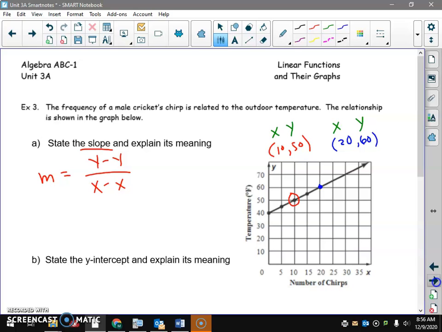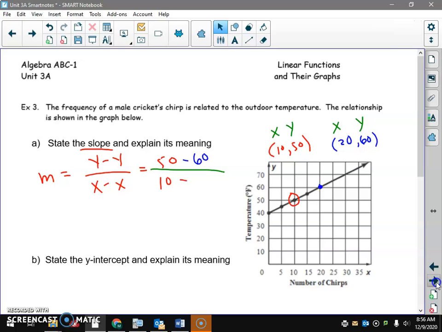So what are we going to do? We're going to subtract 50 minus 60 over 10 minus 20. And if you put that into your calculator, what you get is 1.